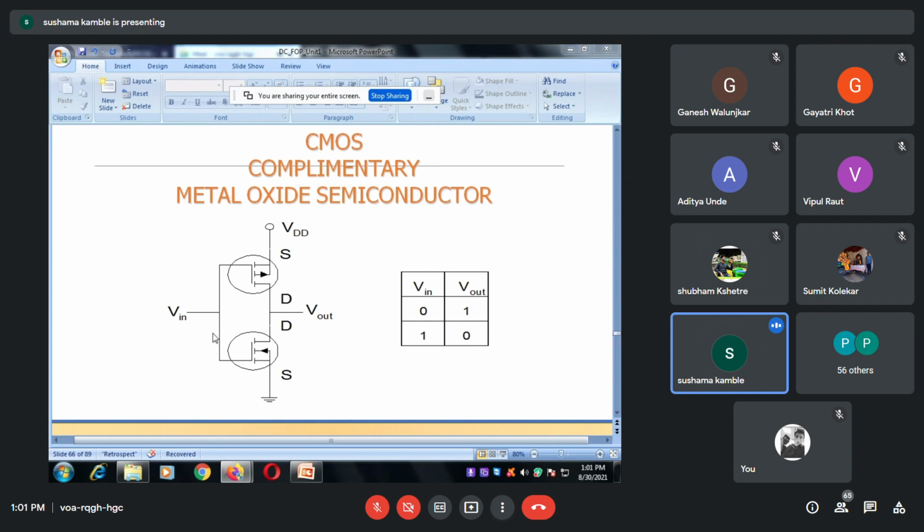Okay. Now suppose we are applying Vin equal to 0 volt. So 0 volt means we are applying to the gate of the NMOS as well as the gate of the PMOS. So we know that this PMOS will be on as it requires a lower gate to source voltage to turn on.